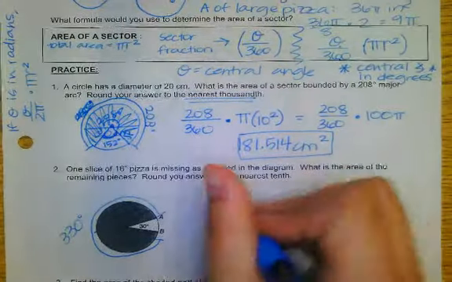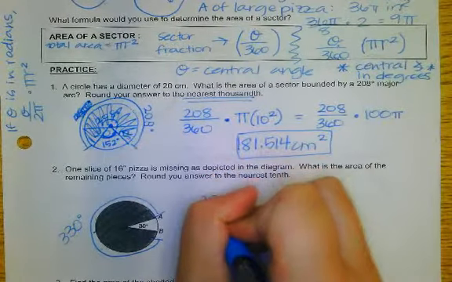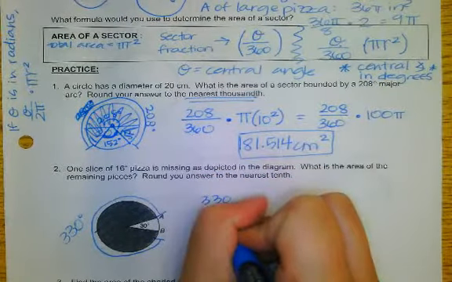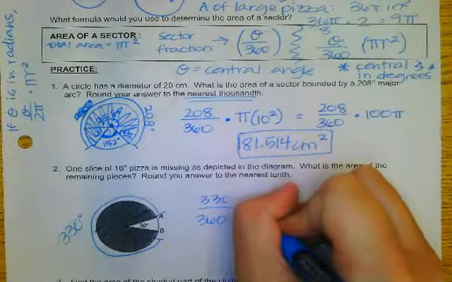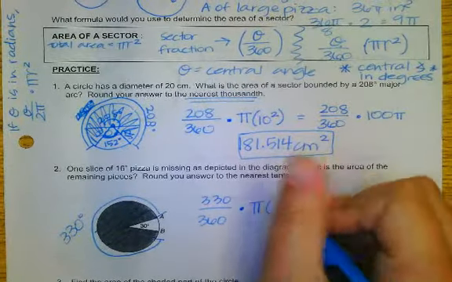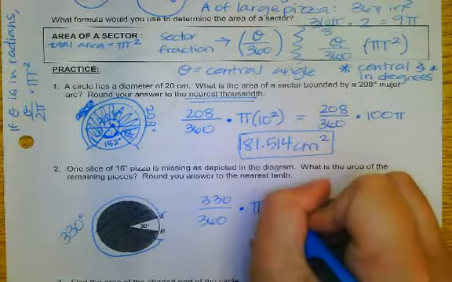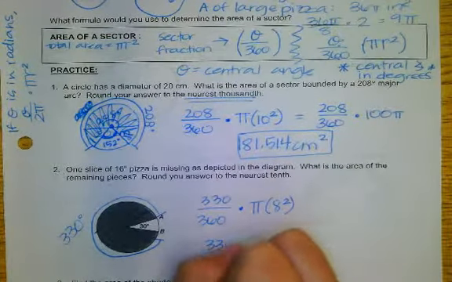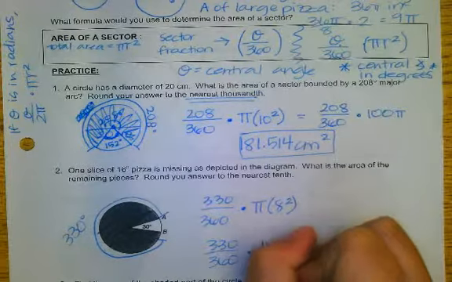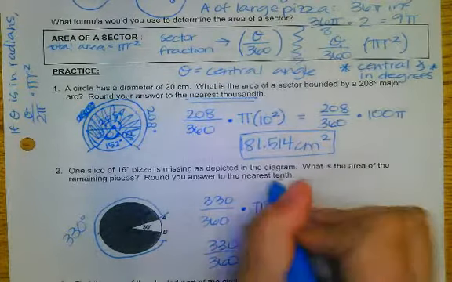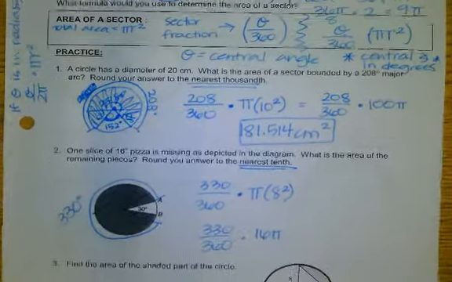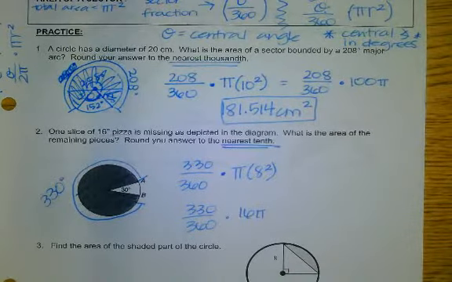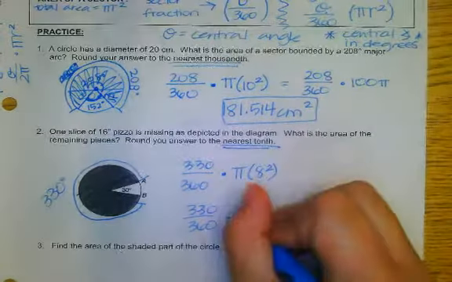So you have 330 over 360 times pi r squared. What's our radius? 8. So 330 over 360 times 64 pi. This time you have to round to the nearest tenth.